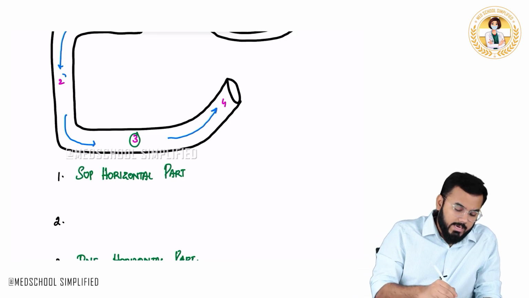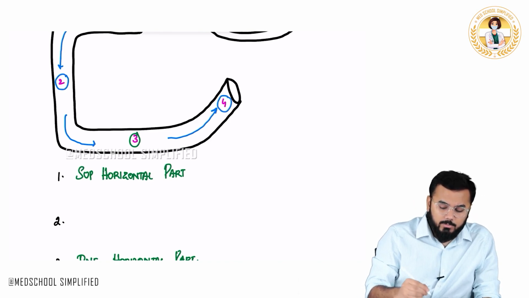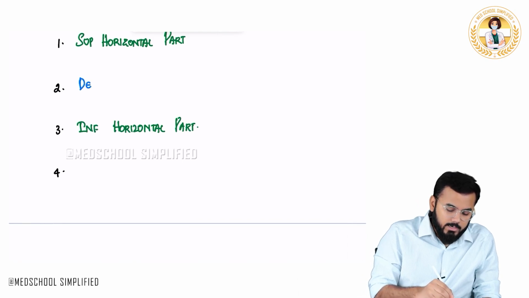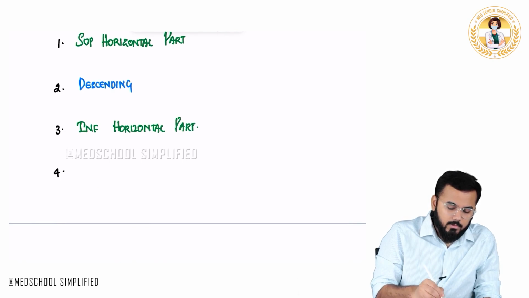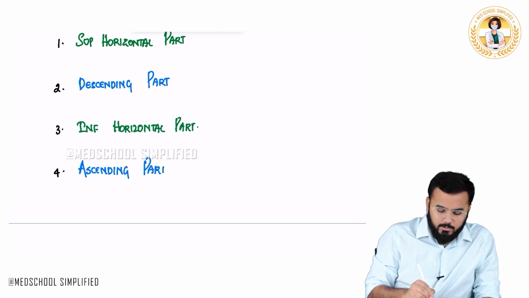So the second part of the duodenum is the descending part and the fourth part is the ascending part of the duodenum.